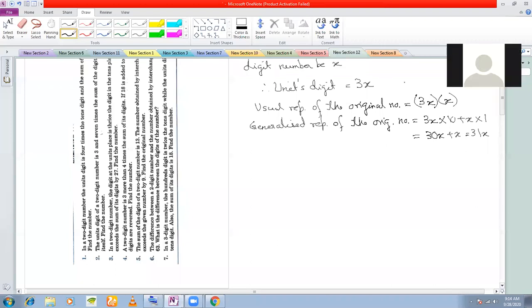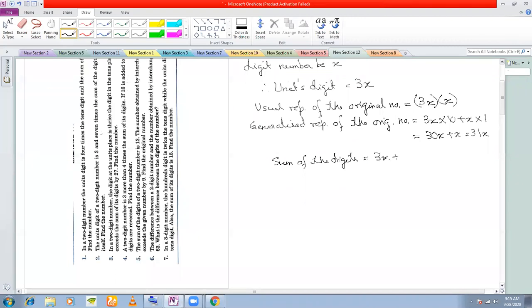Okay. What was the next condition given here? The number exceeds the sum of its digits by 27. What do you mean by exceed? Exceed means is more than. So let us find out the sum of the digits. Sum of the digits here is 3x plus x, which is 4x.